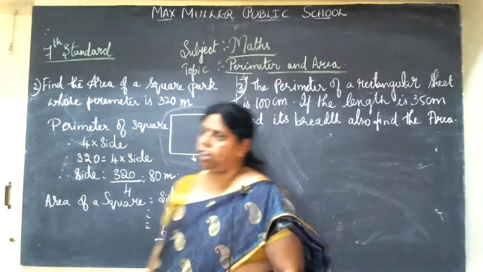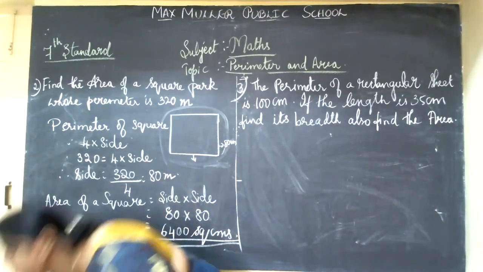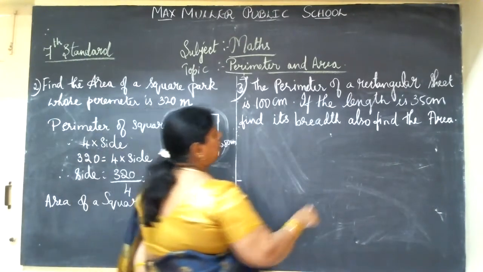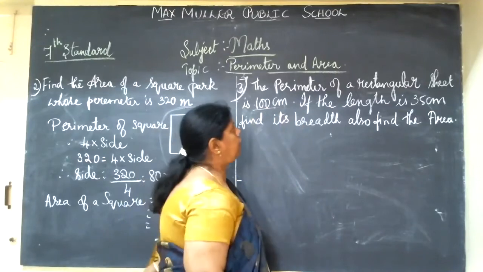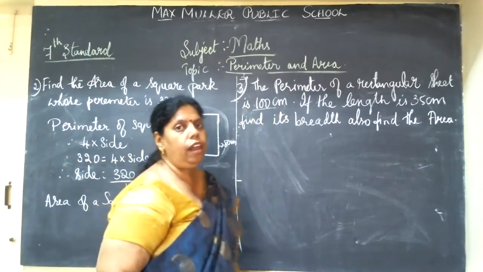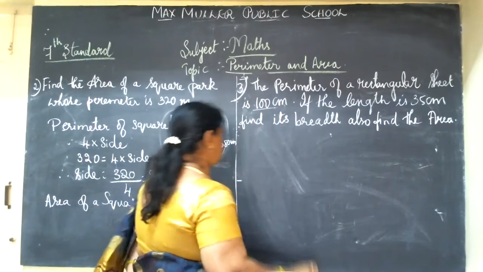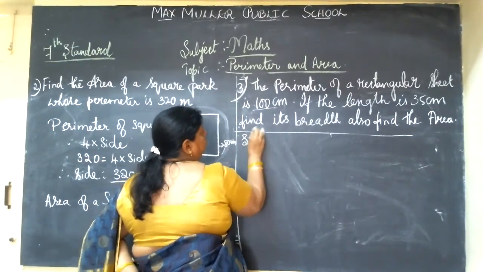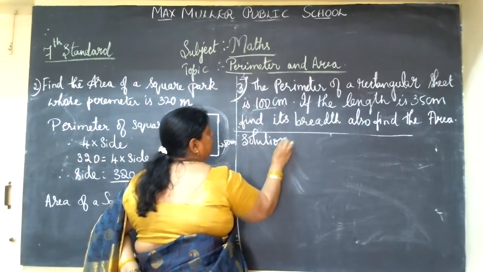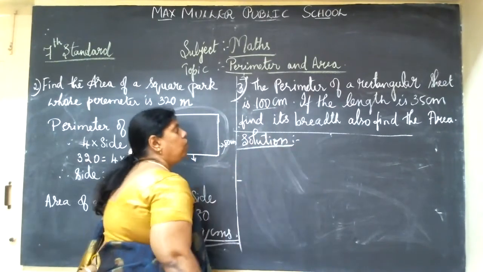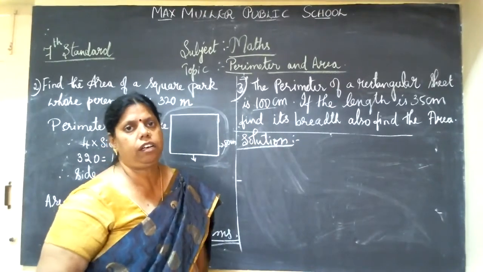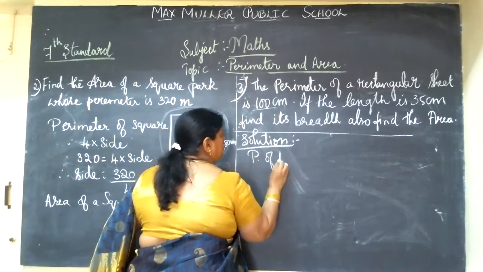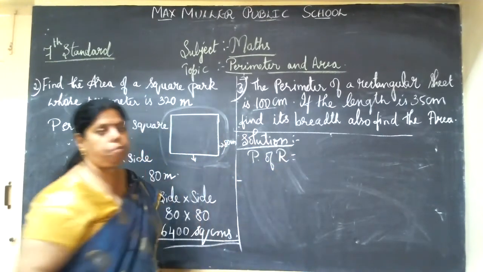Now a rectangular sheet. See, the total perimeter they have given you. First, solution. What is the formula of a rectangle?